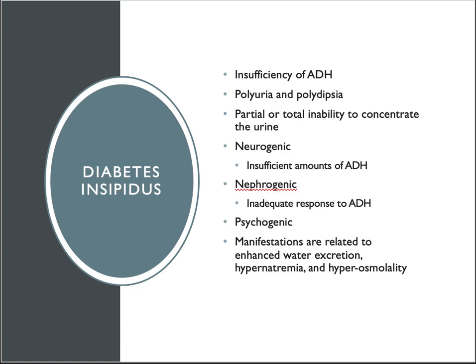But in the body, because we are losing all that water, the serum sodium is really, really high. So you have hypernatremia. And then because that sodium level is so high, you also have this hyperosmolality, because remember that osmolality is your concentration, and mostly that's due to sodium, because our serum levels of sodium are so much higher than of anything else.